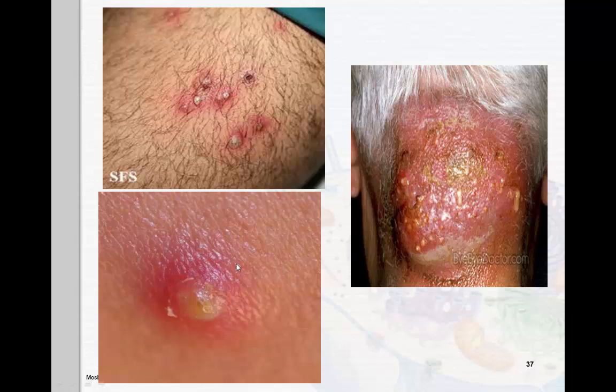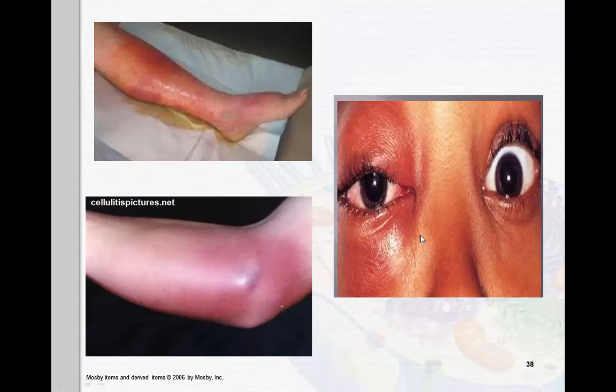This is a furuncle or boil, where many hair follicles are infected at the same time, and this is a plaque of furuncles connected underneath the subcutaneous tissue by Staphylococcus infection. So again, individually, a group, and a plaque of furuncles.